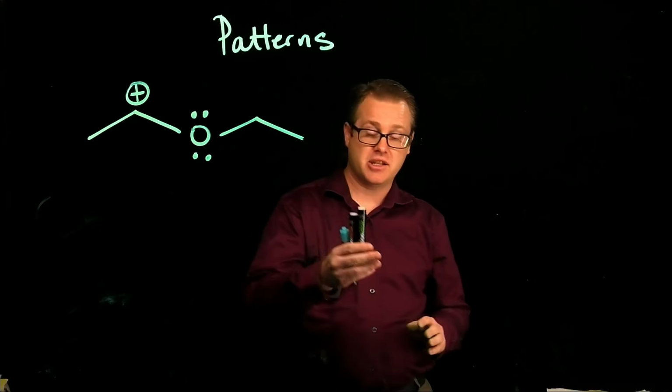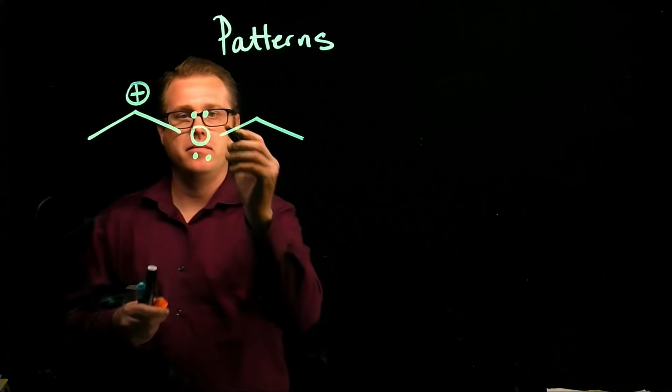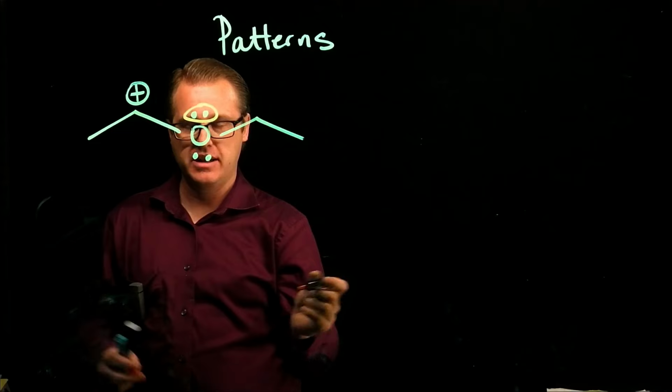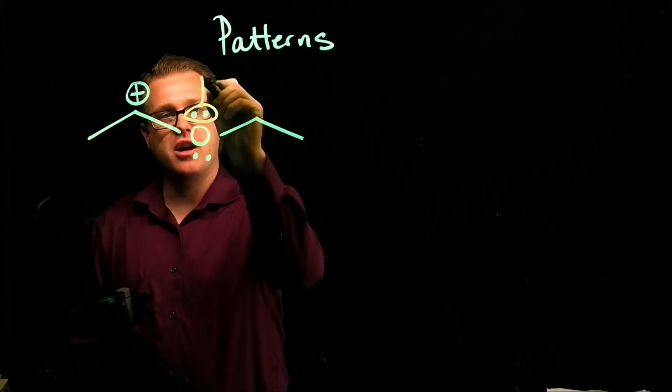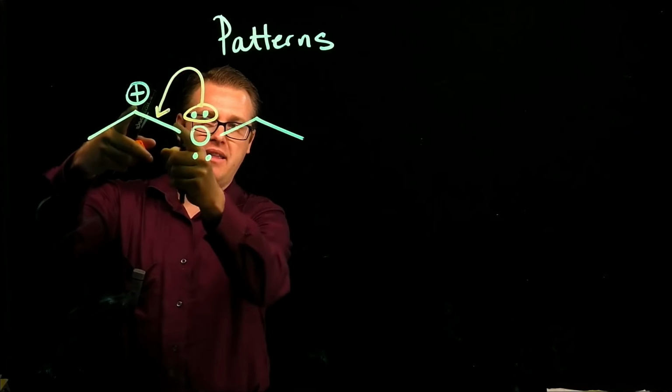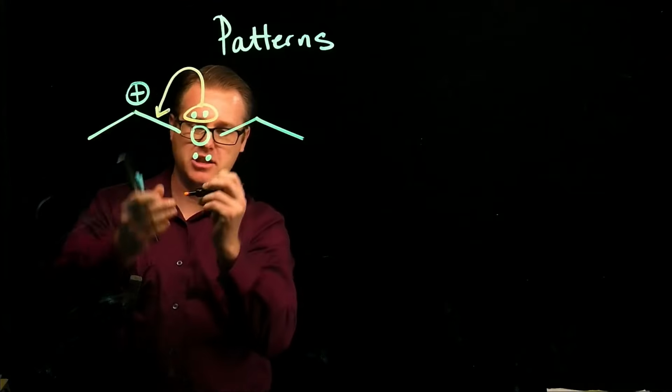When you have that situation, you can take one of the lone pairs. It doesn't matter which one you take. You could take either one. You're just going to start and draw it there. Do you see how I'm putting it right in the center between the carbon and the oxygen?